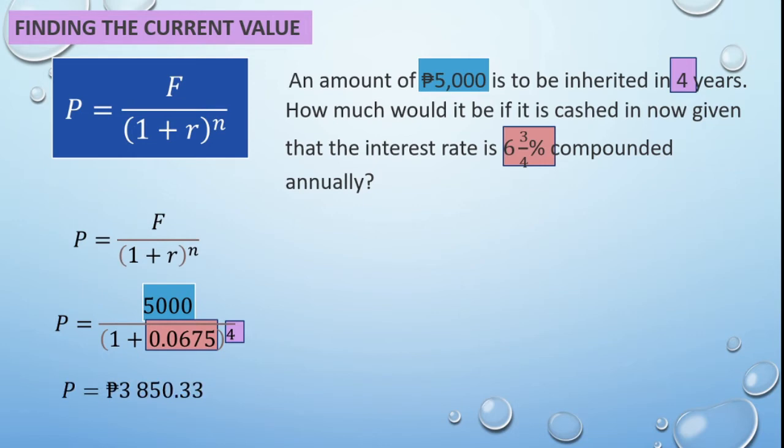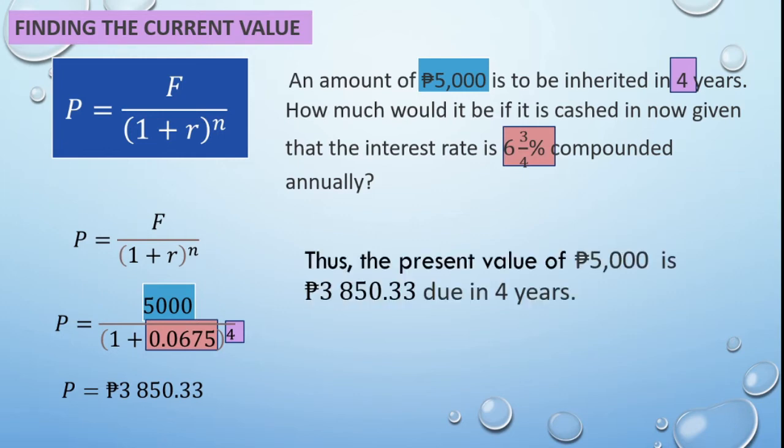Computing the value, we have P equal to 3,850 and 33 cents. Thus, the present value of 5,000 is 3,850 and 33 cents due in 4 years.